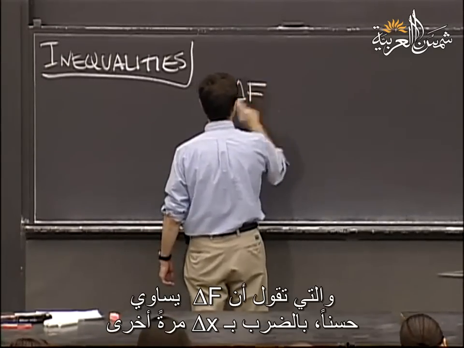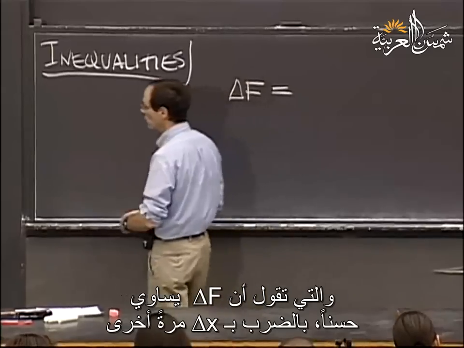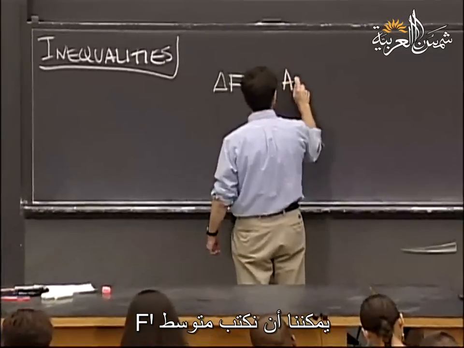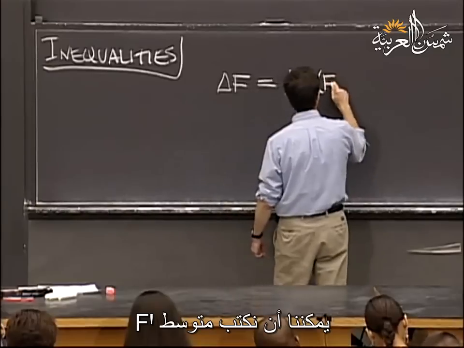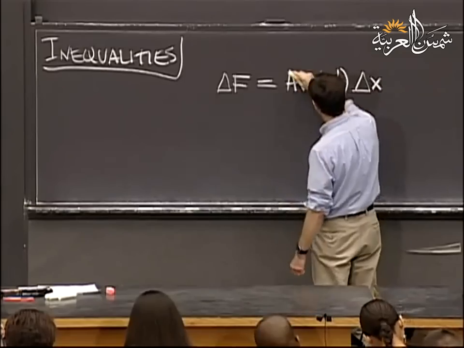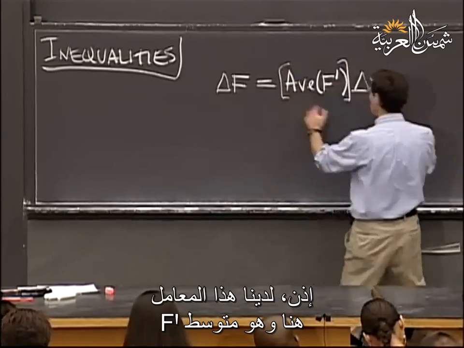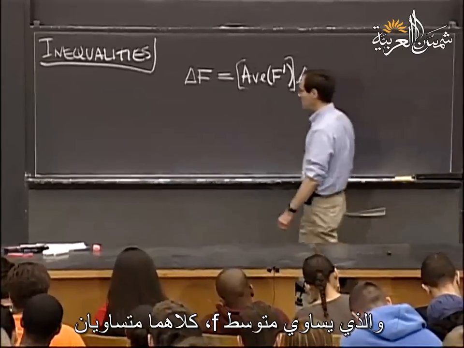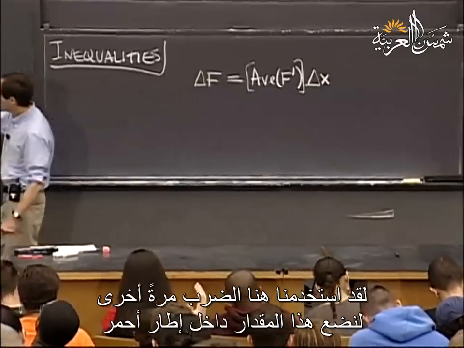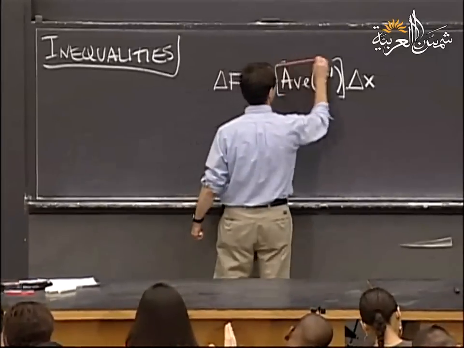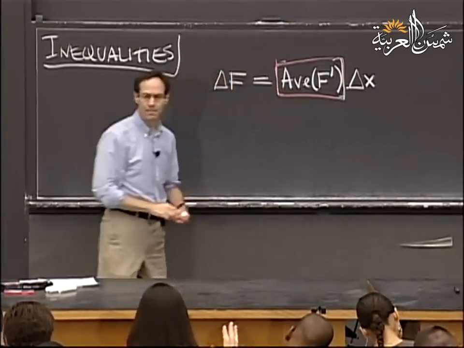It says that delta f in this notation is equal to, well, if I multiply by delta x again, I can write it as the average of f. So I'm going to write it as the average of f prime here times delta x. All right? So we have this factor here, which is the average of f prime, or the average of little f. It's the same thing. And then I multiplied through again. So I put the thing in the red box, right here.